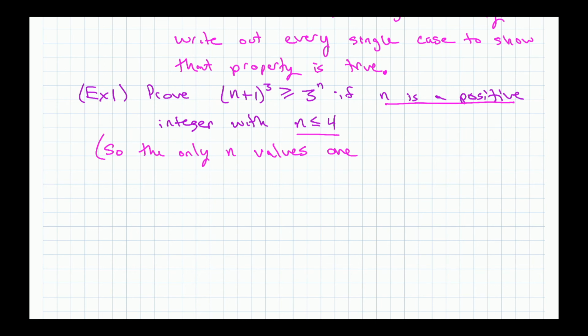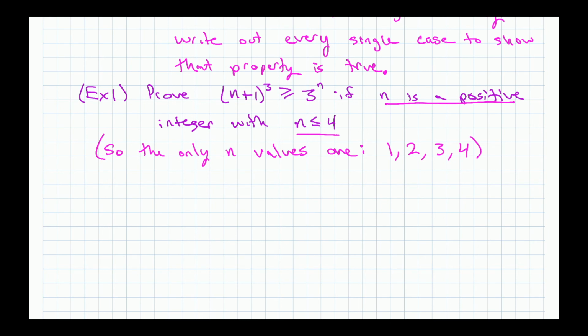So the only n values are 1, 2, 3, and 4. So when you do a proof, you don't actually have to deal with the n's. You can just put a 1 in there, a 2, a 3, a 4, and check that the inequality is true. That's all we're going to be doing here.